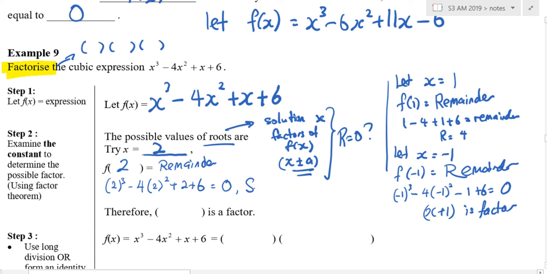Then write down, since remainder equals 0, what can you conclude? x minus 2, not x plus 2. x minus 2 is a factor. Only when x minus 2 equals 0, x can be 2. So if you bring the 2 over to the other side, it is x minus 2.